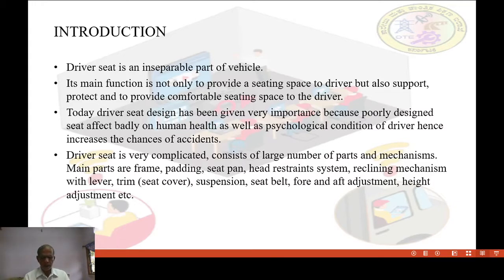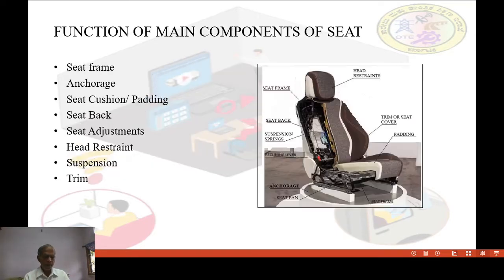Main parts are frame, padding, seat pan, headrest system, reclining mechanism with lever, trim, seat belt, for and aft adjustment, height adjustment, etc. The main parts are as shown in figure: head restraint, seat frame, seat back, suspension spring, trim or cover, padding, anchorage and seat pan.